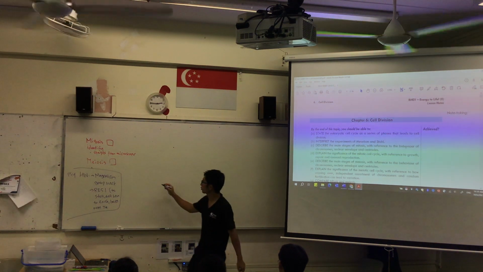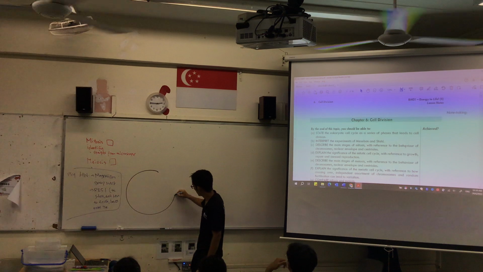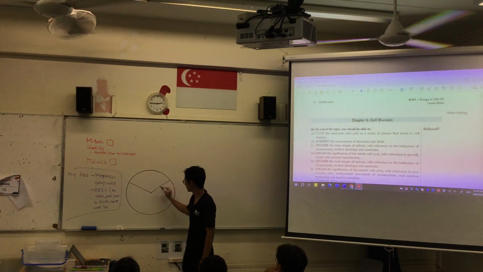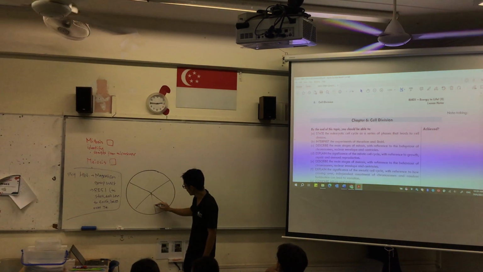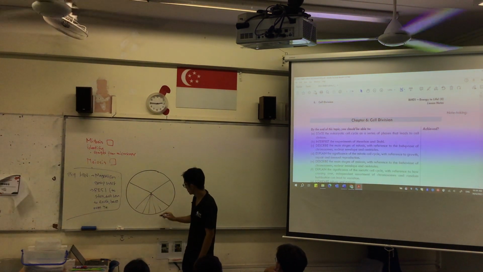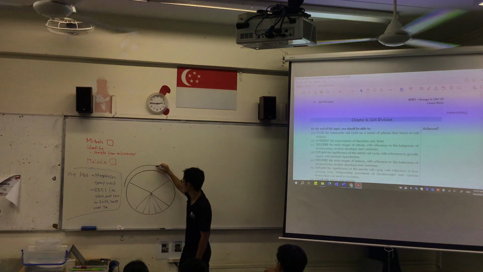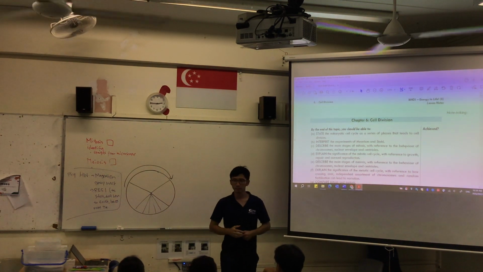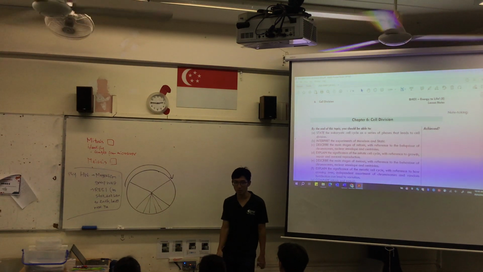Maybe we start off with a quick overview on the cell cycle. This was where we left off before you went out for your holidays. Can you still remember all the different phases? Assuming it goes in this direction. Okay, then we do a quick revision. I call you one by one, then you give me whatever you can.